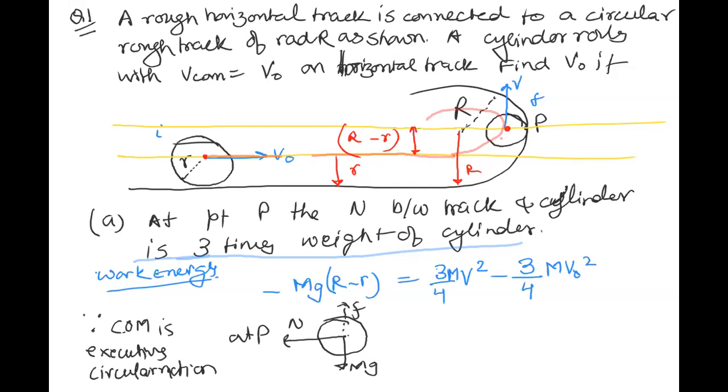I don't know whether that friction is up or down, I don't know at all. But I know that N is equal to m into v square upon radius, which is R minus r. Be very careful. This circle that I have drawn in red is the circle on which the center of mass is going around, and the radius of that circle is R minus r. This is given to me as 3mg. So this implies that v square is equal to 3g into R minus r.